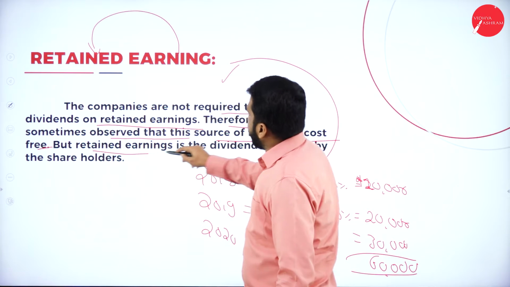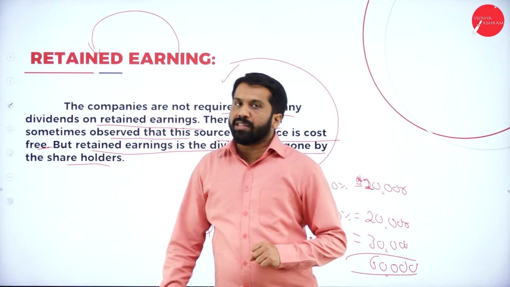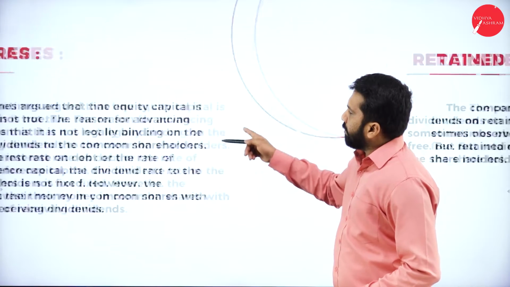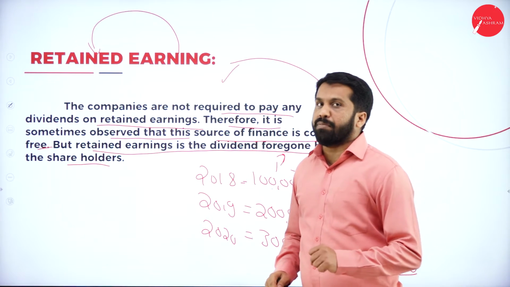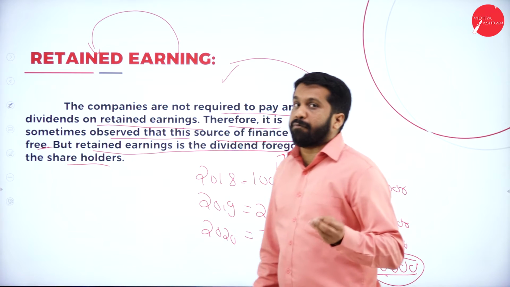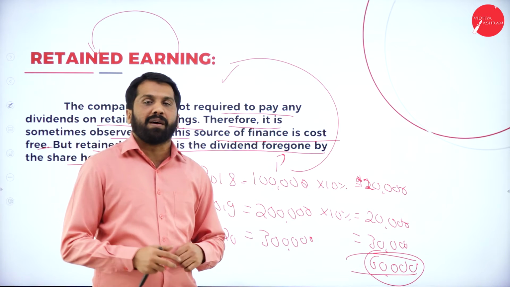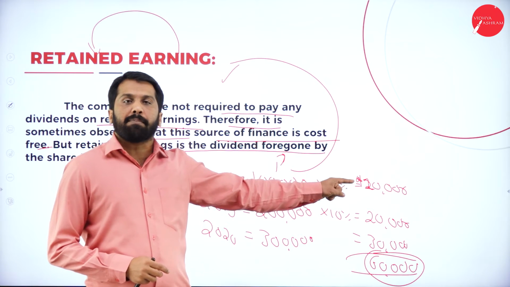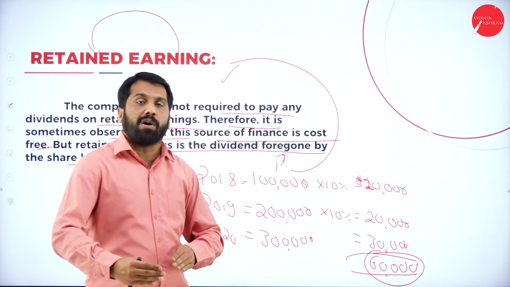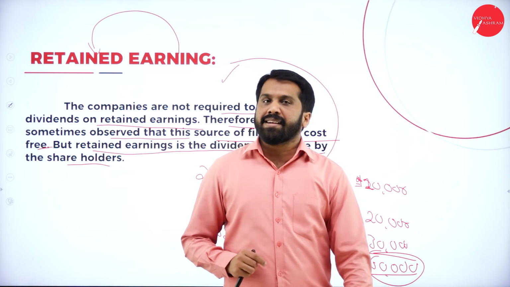But retained earning is a dividend foregone by the shareholder. Why do we calculate it the same as equity share even though it is free of cost? Because whatever savings of 60,000 you have made, if you invest the 60,000 into the business, you are losing the interest part. The same 60,000 if you deposit in a bank, you will get interest. That interest is foregone. That's why we have to calculate cost for retained earning also.